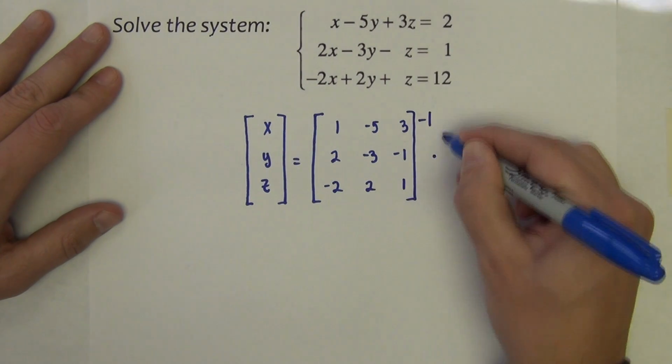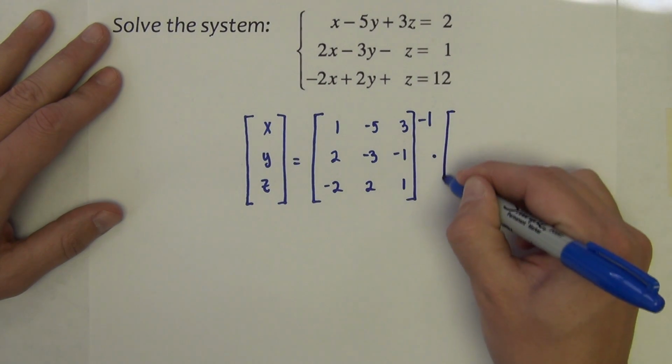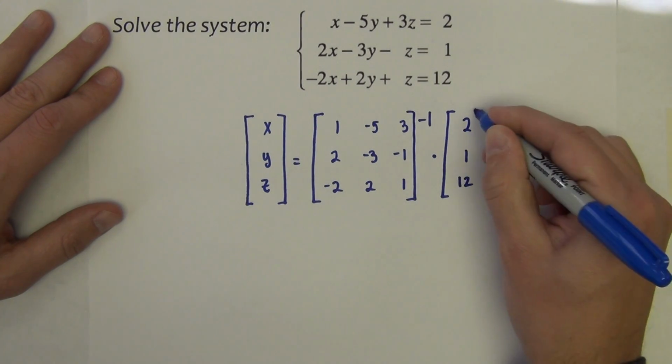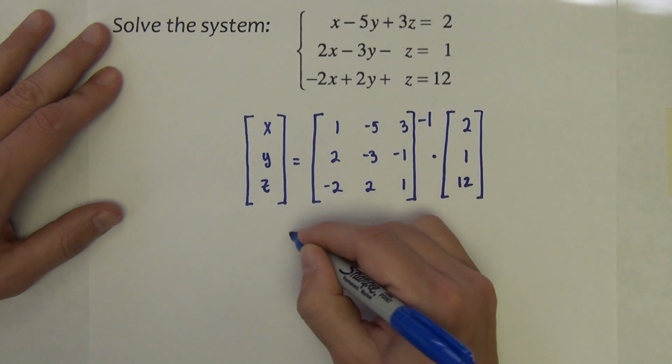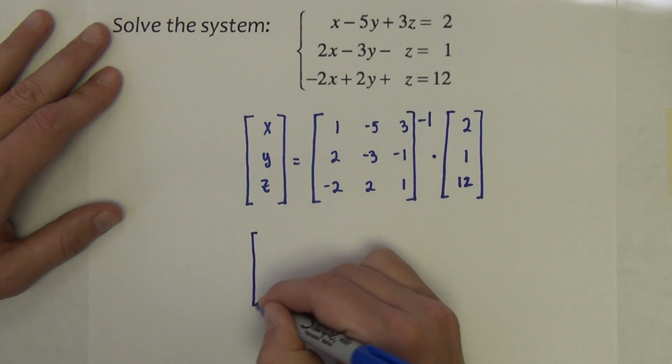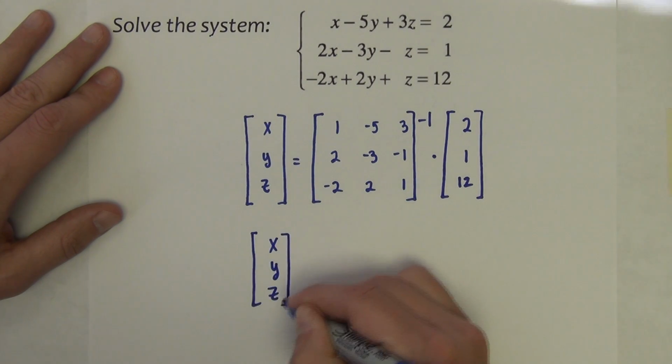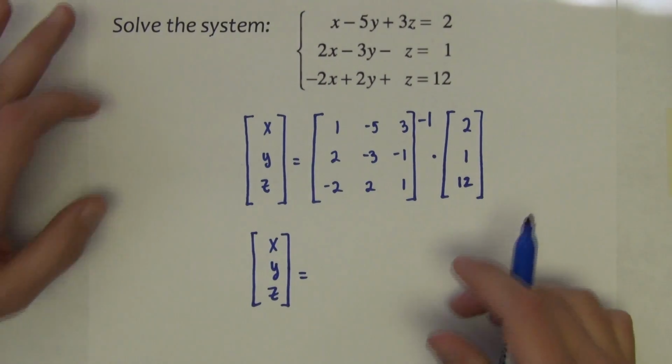I want the inverse of that times the solutions, 2, 1, 12. And so x, y, z is equal to.